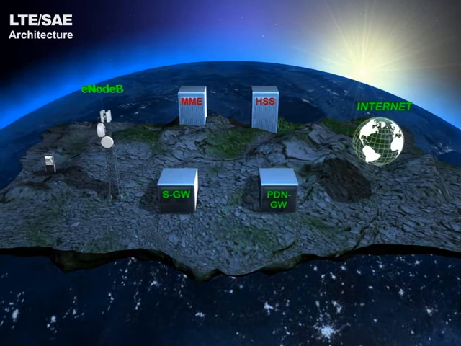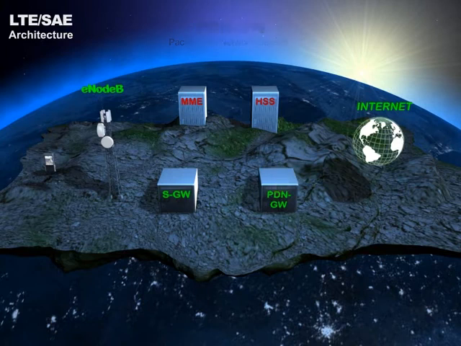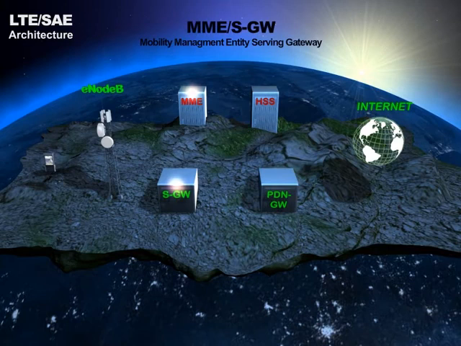The core consists of two routers, as in the previous networks GPRS and UMTS. One router is looking towards the outside world, the PDN gateway, Packet Data Network Gateway. The other one is focusing on the access, MME/SGW, Mobility Management Entity and Serving Gateway.